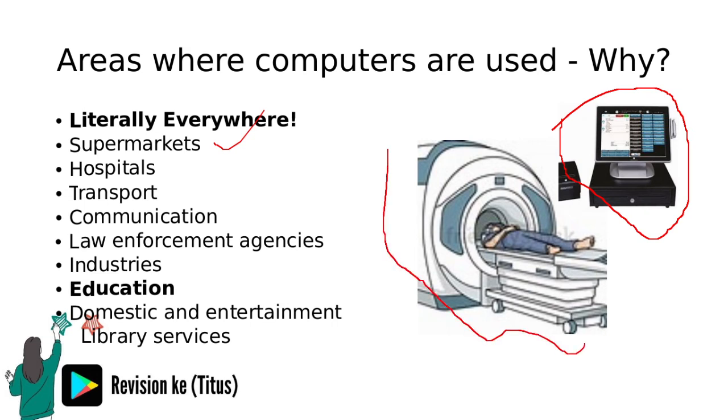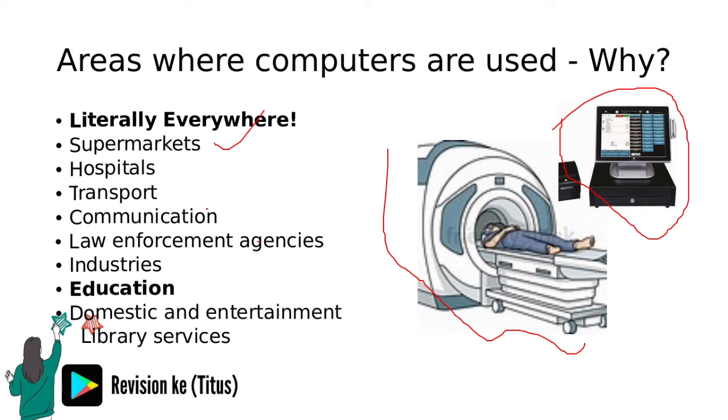It's a computer. In transport systems, I think we've all traveled and we see transport agencies, like any bus that you've boarded. You see they're able to track where the bus is. You're able to pay a ticket online. In communication, we have phones. Law enforcement agencies, industries, education, domestic and entertainment, library services.